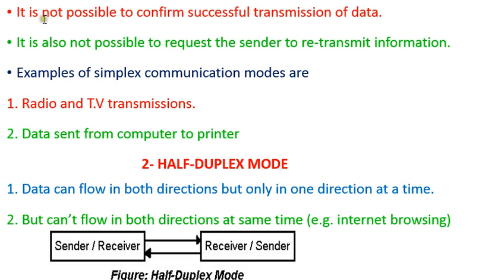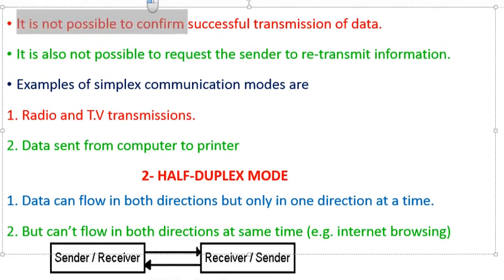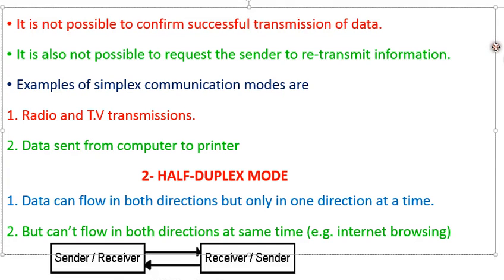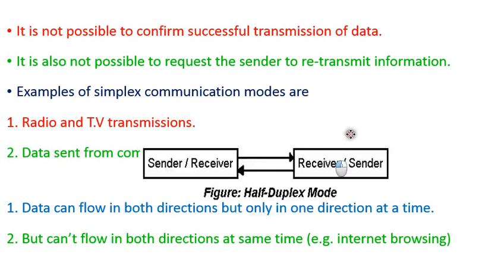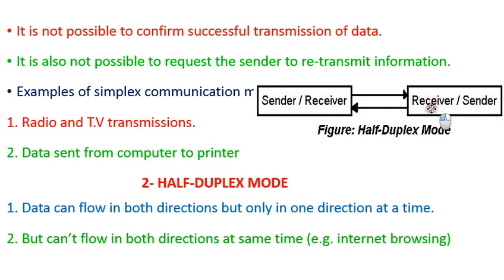If you look at this one, it has some issues. First of all, it is not possible for you to confirm whether the data is transmitted correctly or there is an error. You cannot. The reason is simply because the sender can only send data, but he cannot receive.